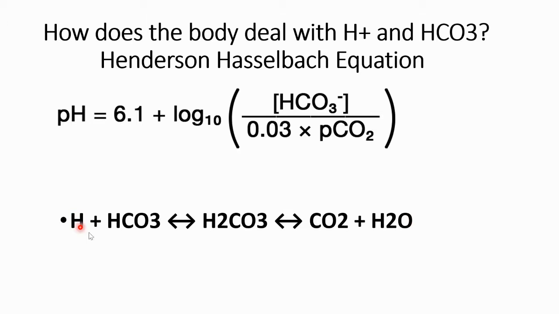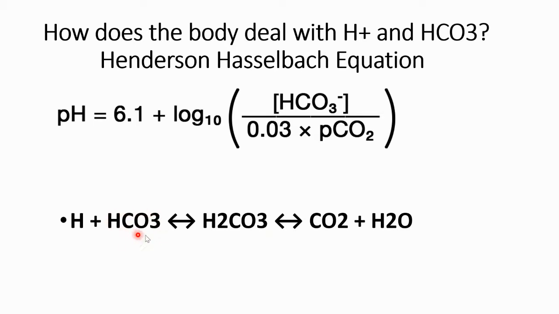So this equation is going back and forth, the body's always striving to keep the pH at a normal, homeostasis pH. And these electrolytes can move and bind with each other and be excreted to keep that pH balanced.